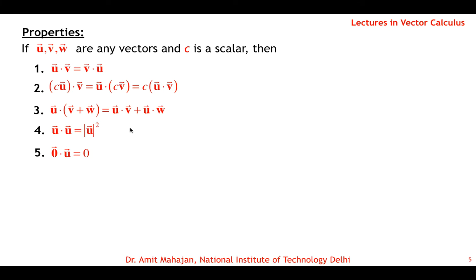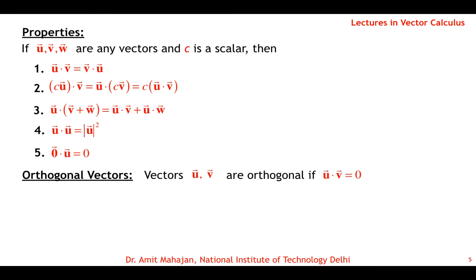Any two vectors u and v are orthogonal, or perpendicular, if their dot product is exactly 0, because the dot product of two vectors is magnitude of first times magnitude of second times cosine of the angle, and if they are perpendicular, cosine of the angle will be 0, so it will give a 0 value.